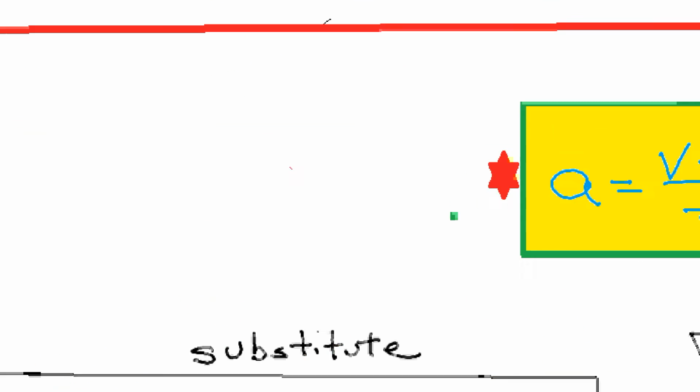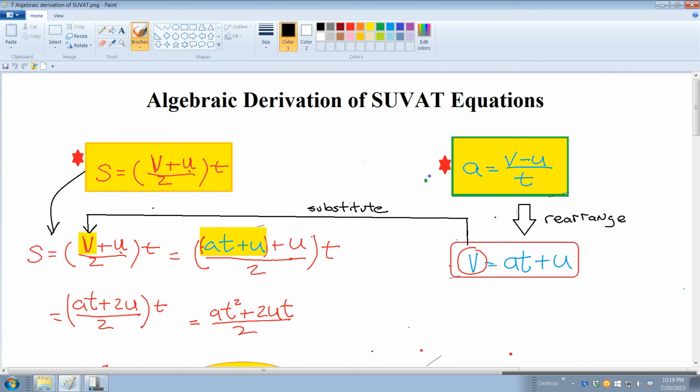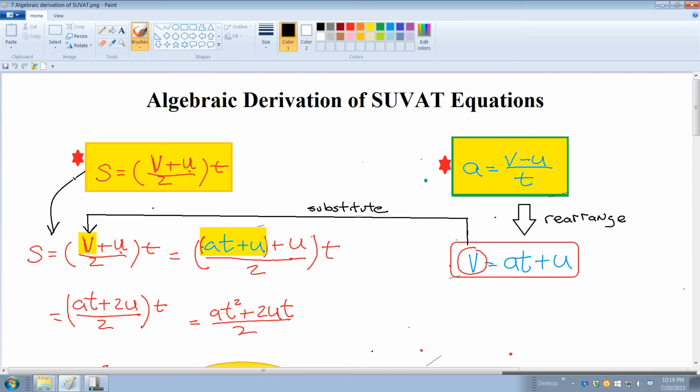So here we've got a, and we're going to rearrange it and solve for v. When we rearrange it, we get v is equal to at plus u, and we're going to substitute for v and put this in there, which is right here. And then we're just going to clean it up. And you can look at the math yourself.